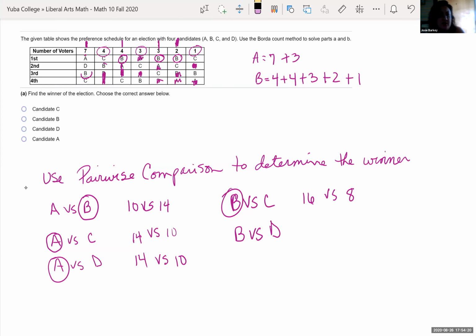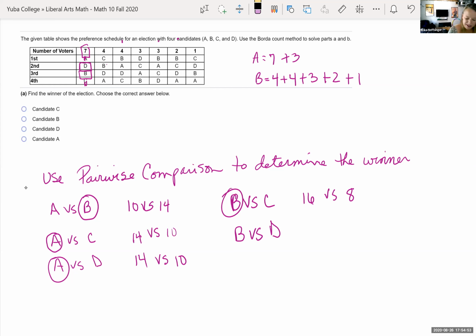What numbers are you counting up on this part? The numbers on the top. If they rank the highest in the column, then they got that number. For instance, for B and D, D in this case is higher than B. So D wins here, and they get the 7 points or 7 votes.